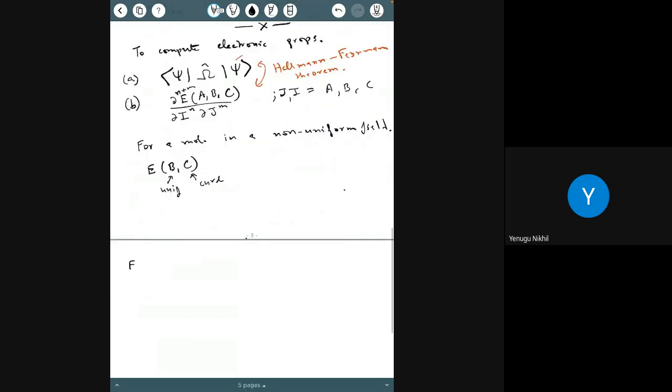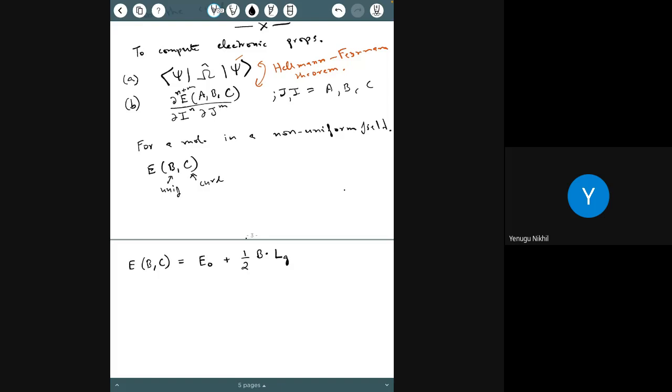And from a Taylor series expansion in 2 variables, I can write E(B, C) as a zero field energy plus half of the uniform component dot angular momentum with reference to the gauge origin, L_G.